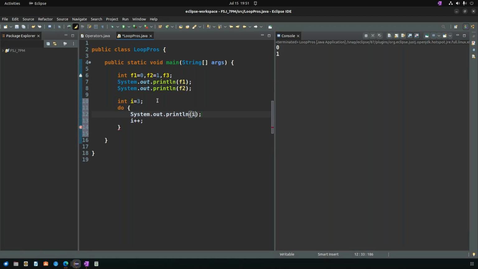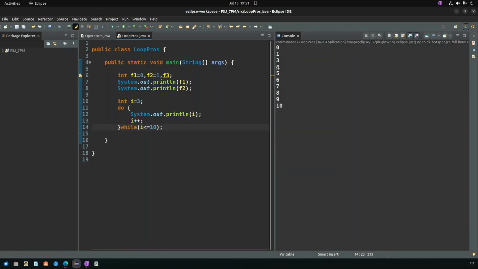Here I will print some I value, going from 3 to 10, because the first two values are printed. Now instead of 3, 4, 5, 6, 7, 8, 9, you need to print the Fibonacci series values. Those I values we don't want. We want the Fibonacci series values.